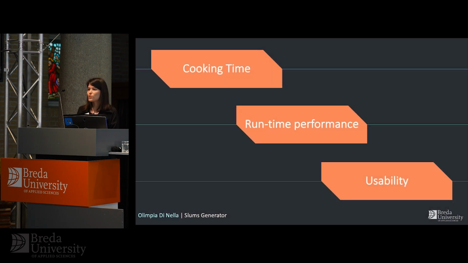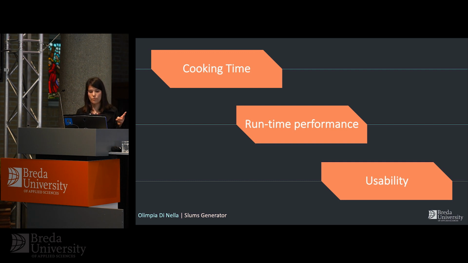Creating tools for game development, I learned some key points that are essential for making these tools actually useful. Cooking time is key because we want to make it as short as possible to have several and fast iterations. Runtime performance is also very important, so optimization of the tool output in engine is important for a smooth gaming experience.